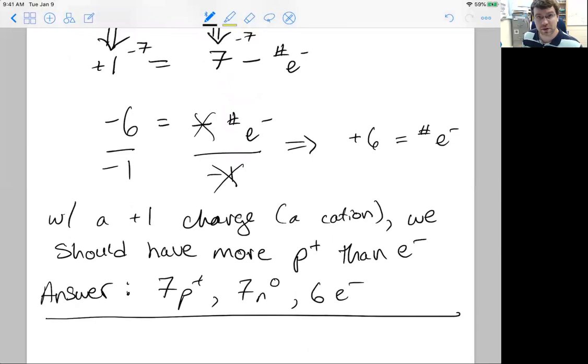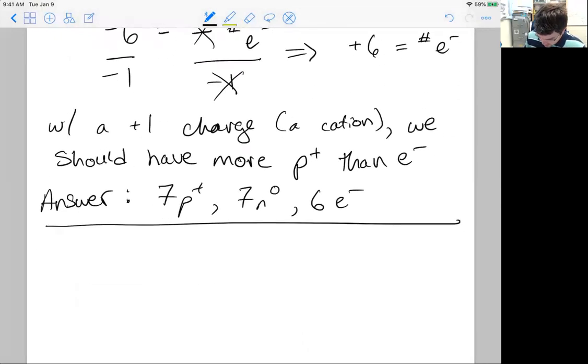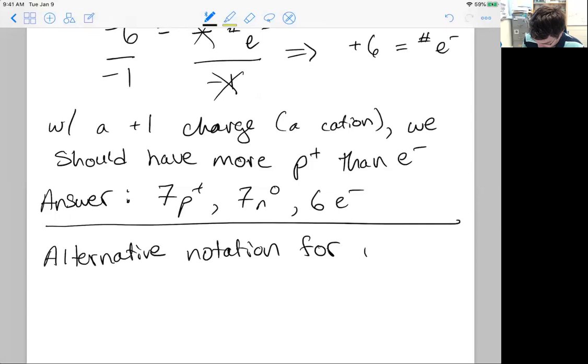Okay, before we go on to an example of an anion, let's introduce new notation. I'm going to call this alternative notation for ions.